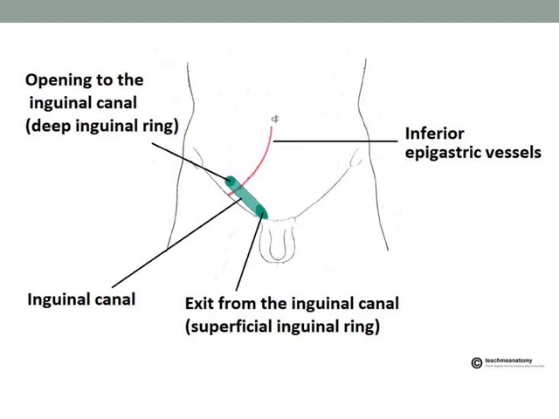This is an opening in the fascia transversalis about 1 centimeter above the midpoint of the inguinal ligament, and it ends at the external or the superficial inguinal ring, which is a triangular opening in the external oblique aponeurosis just above the corresponding pubic tubercle.